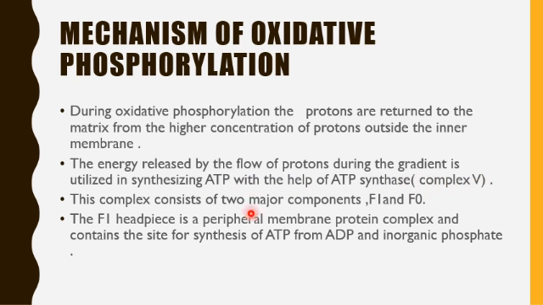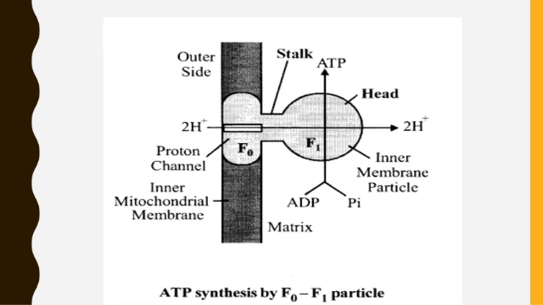This complex consists of two major components, F1 and F0. The F1 headpiece is a peripheral membrane protein complex and contains the site for the synthesis of ATP from ADP and inorganic phosphate. So this is the diagram, a very important diagram.